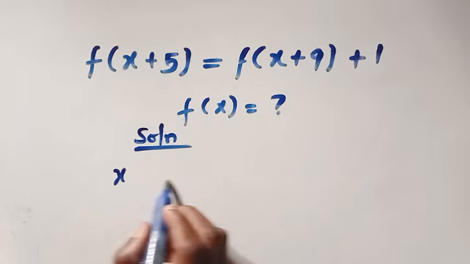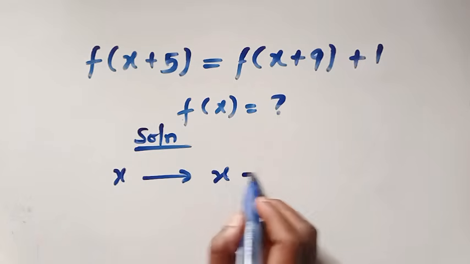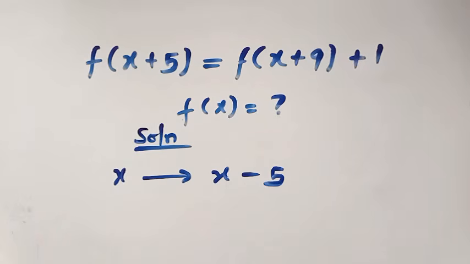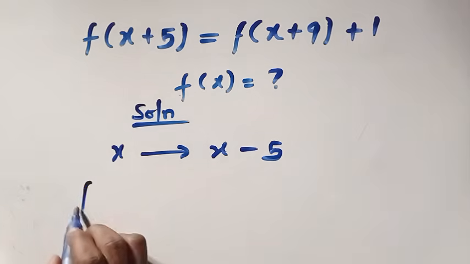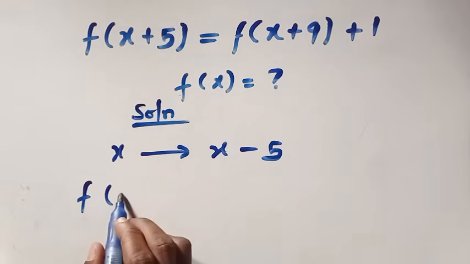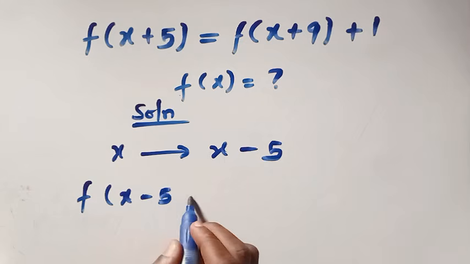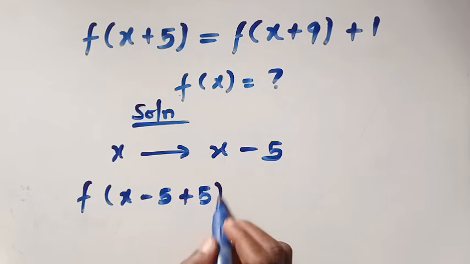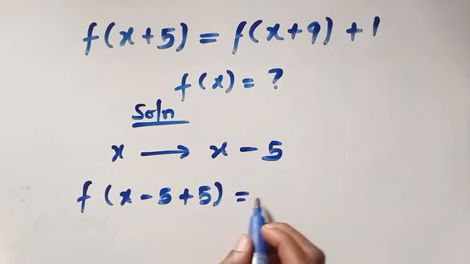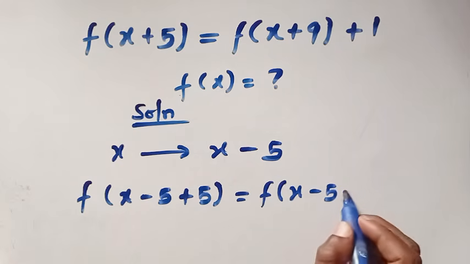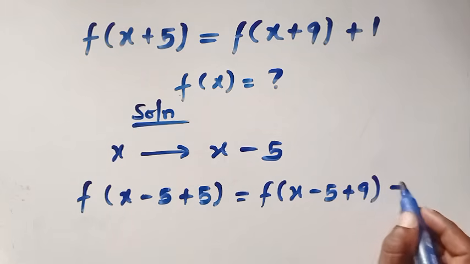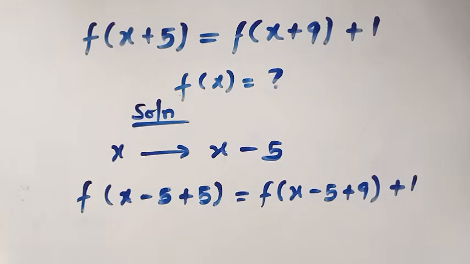If I replace x with x minus 5, here we are going to have f of x minus 5 then plus 5 equals f of x minus 5 plus 9 then plus 1.